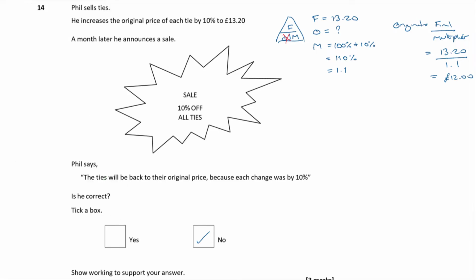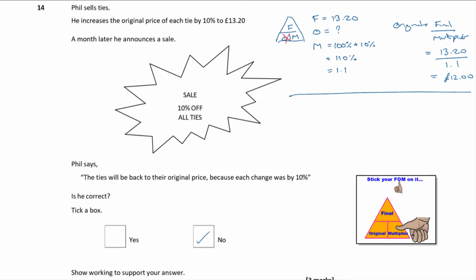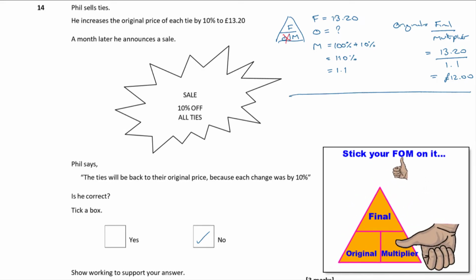Okay, right, now what we're going to do is apply the 10% decrease to the normal price of the ties. So this time if I've got final, original, multiplier, then we want the final. That's what we're looking for. The original is the normal price of the tie that he sells, £13.20.